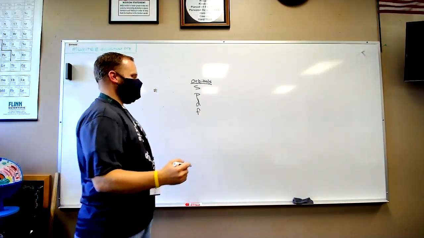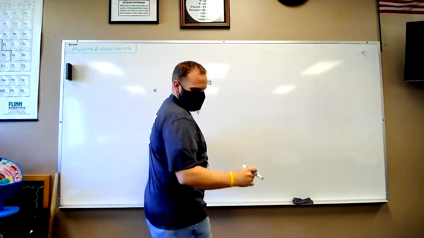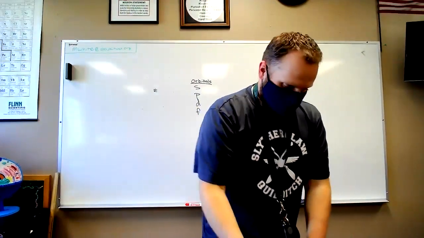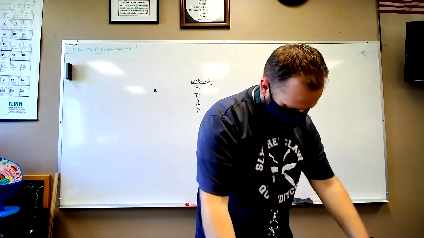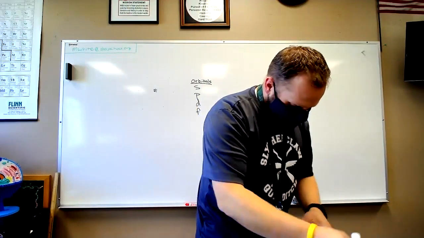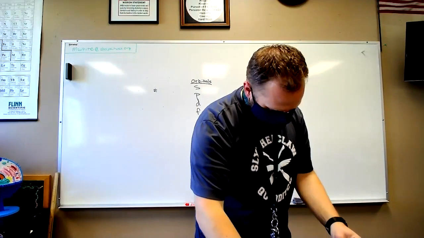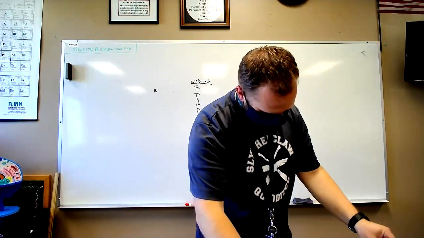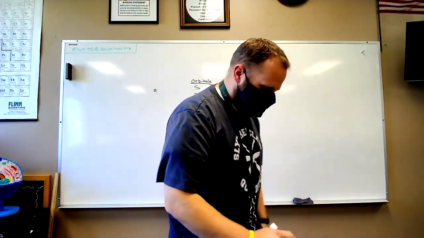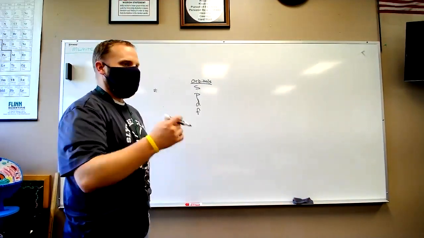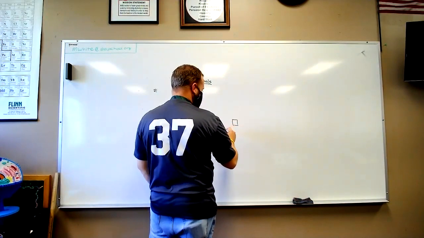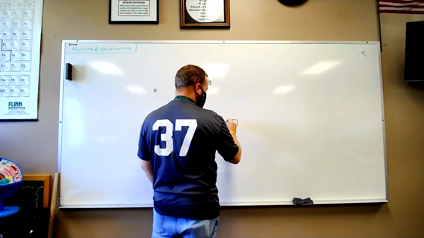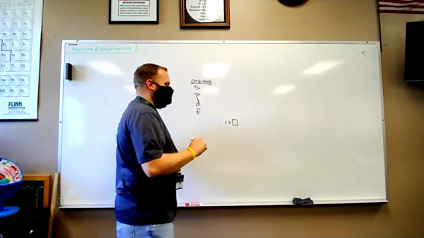Now, if you remember, there's a picture in the book. This is back in chapter 5. So it's on page 156, and it's a bunch of different boxes. Okay, so it starts here with the 1s box.